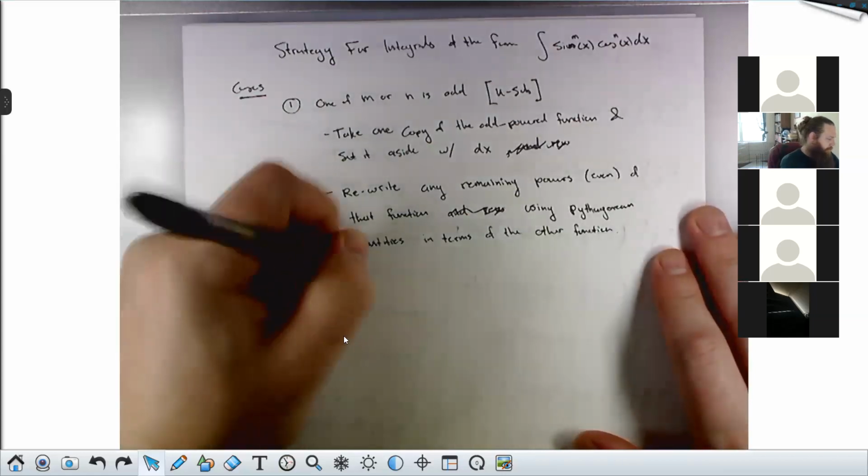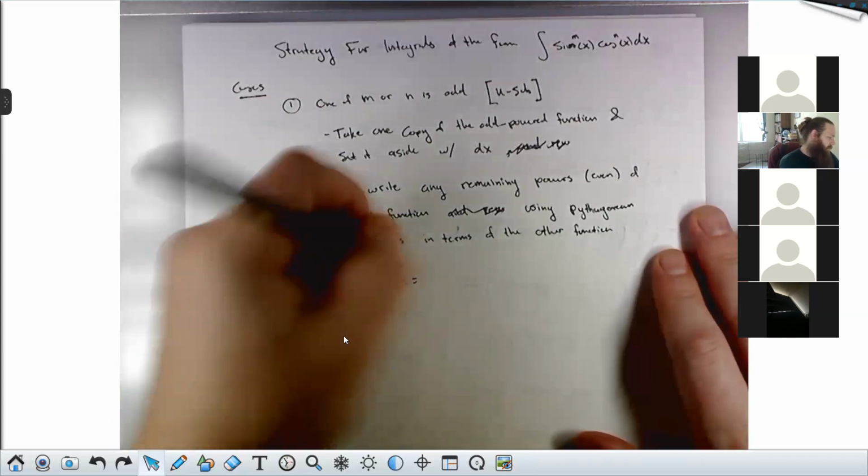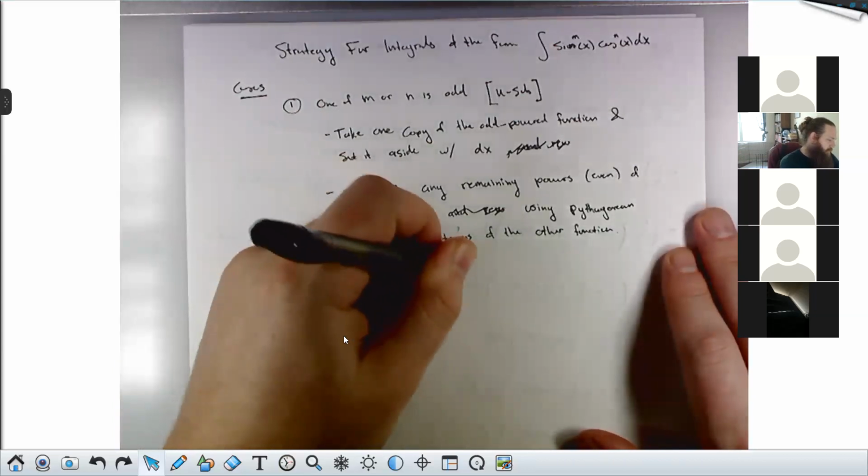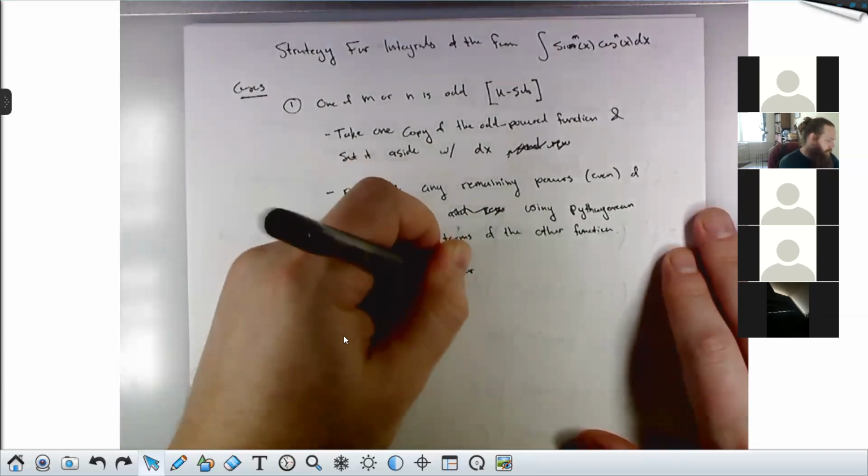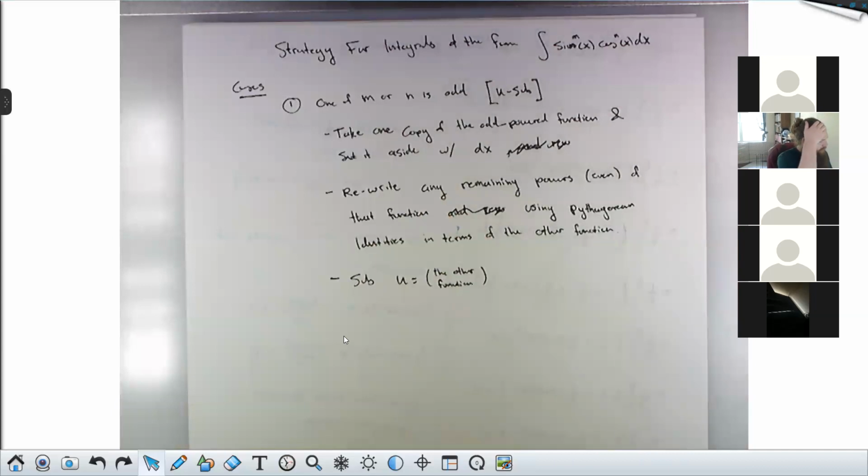Then you will sub u equals the other function. I don't want to say the even powered function because I don't want to confuse. But if sine was originally the odd powered function, you're going to sub for cosine. If cosine was originally the odd powered function, you're going to sub for sine. All right, and that's it. That's how we handle the first case. You will have rewritten all the remaining powers of the other function in terms of this guy. So after you've done that rewriting, say sine was odd, everything will be cosines, except for the little copy of sine that you set aside with the differential.